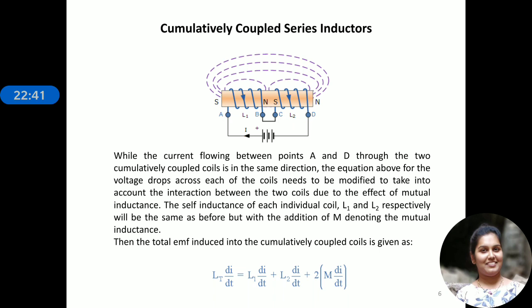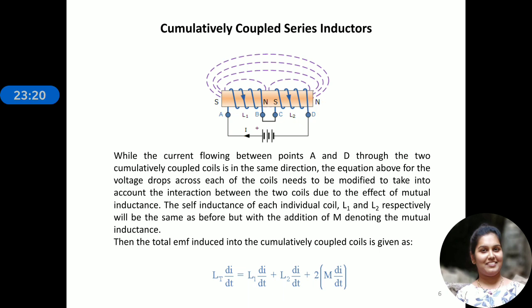As you can see on the screen, the total EMF induced into the cumulatively coupled coils can be written as LT di/dt = L1 di/dt + L2 di/dt + 2M di/dt. In this expression, we have the self-inductance of L1, the self-inductance of L2, plus the mutual inductance in L2 because of L1 and the mutual inductance in L1 because of L2.